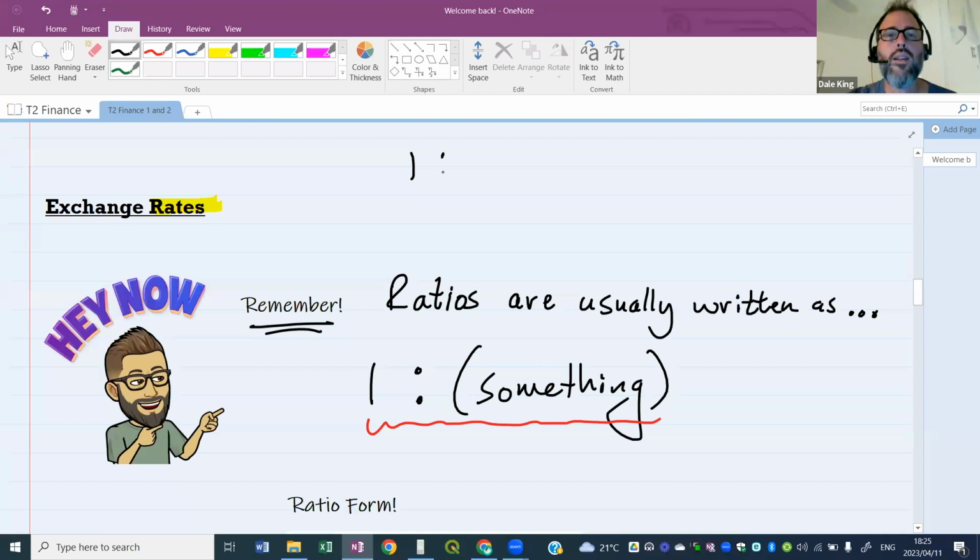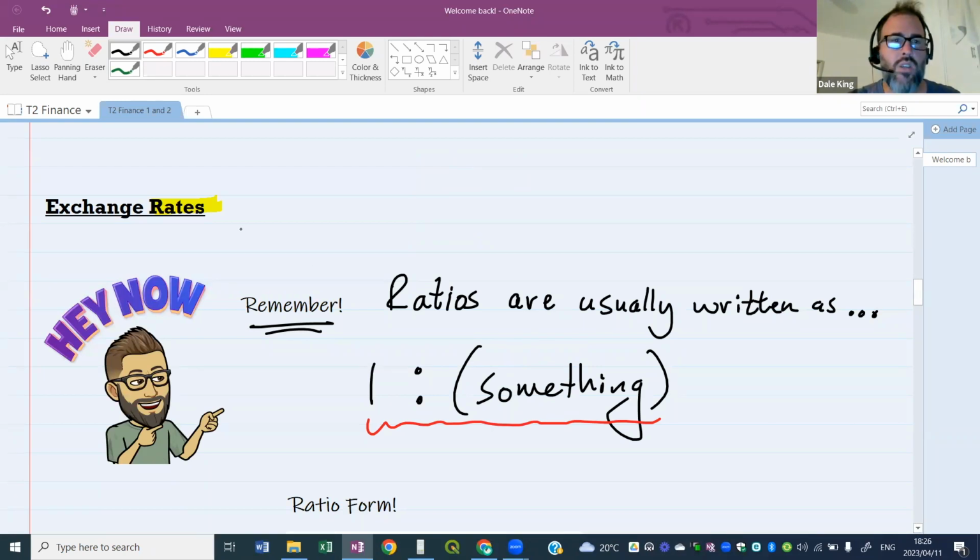Sometimes you're going to get 1 is to 17, or you might get 1 is to 0.5, something like that. So you're always going to get a 1 in your comparison, which is important. It's easy to compare things when you have a 1 when you're comparing. All right. So we're going to try and make sure that we always have 1 in our comparison.